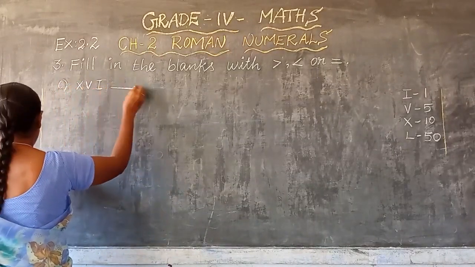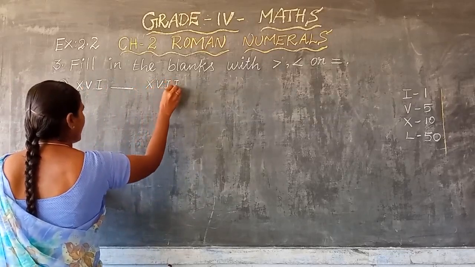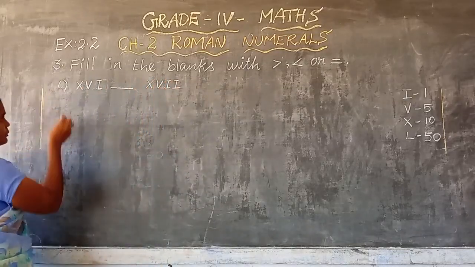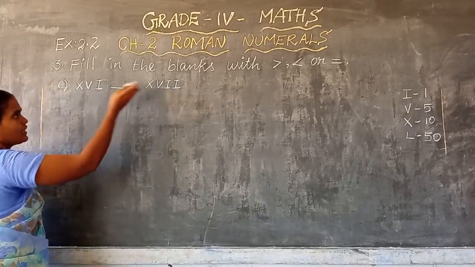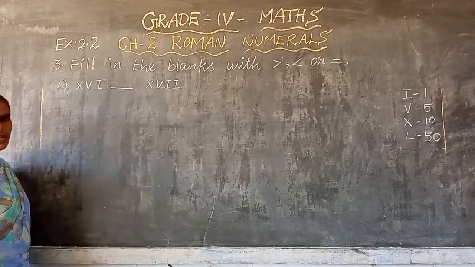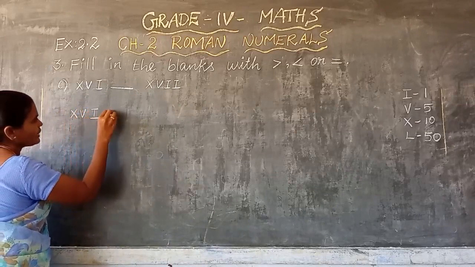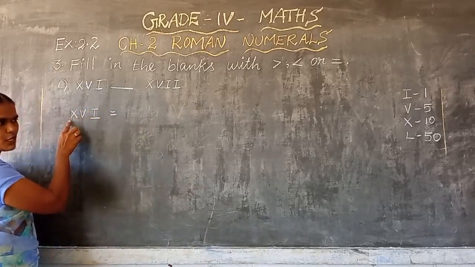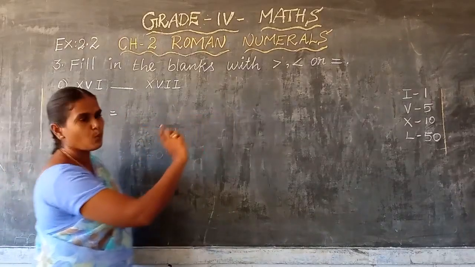XVI, XVII. These two numbers are Roman numbers. So first you find the value of the Roman number. X, V, I: X value 10, V value 5, I value 1.